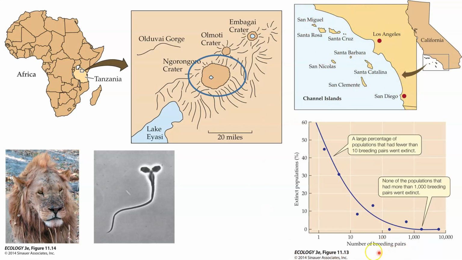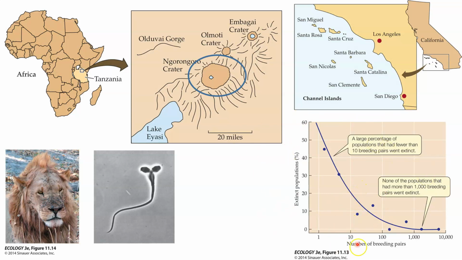On the x-axis, number of breeding pairs; on the y-axis, extinct populations, right? So when the number of breeding pairs is extremely low, particularly anywhere below 100, you are looking at a relatively high extinction percentage. If the number of breeding pairs is like 10, at least 20% of the populations went extinct.